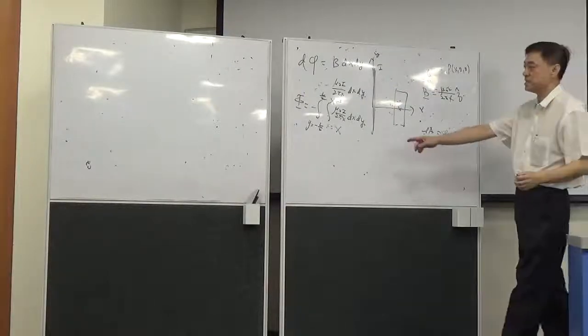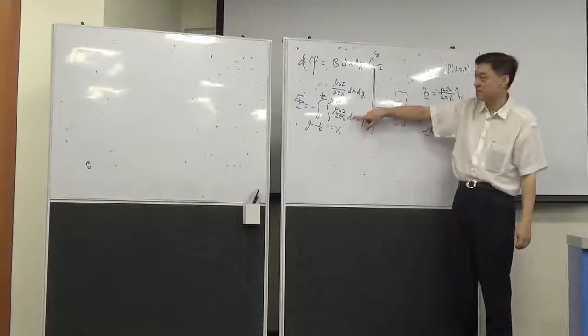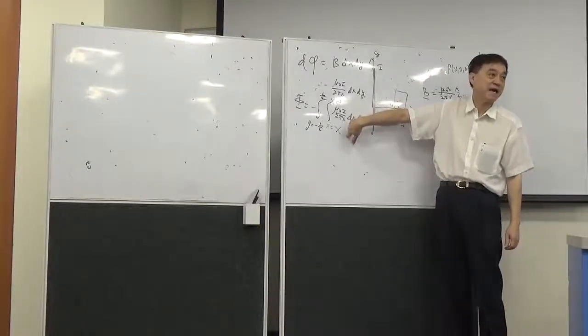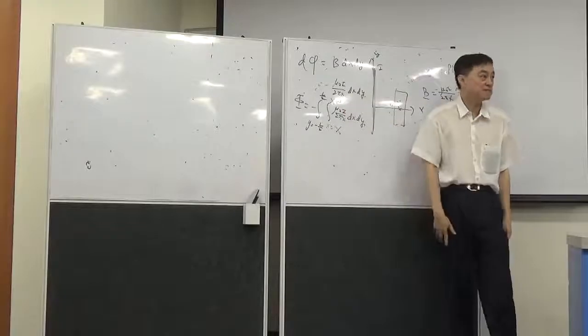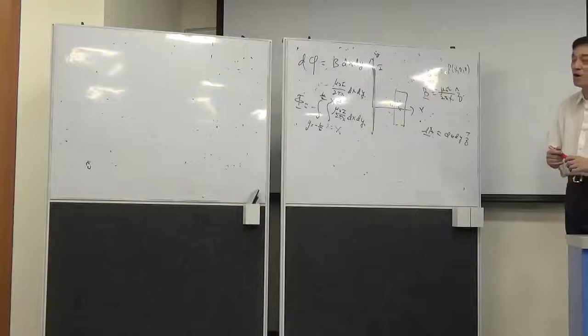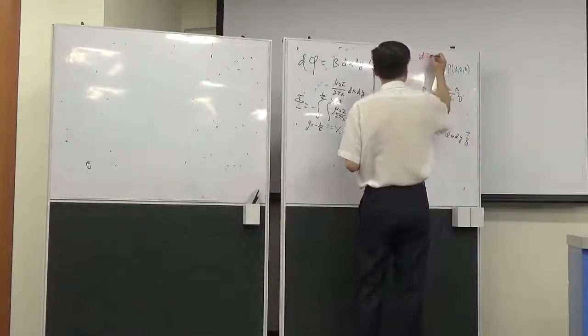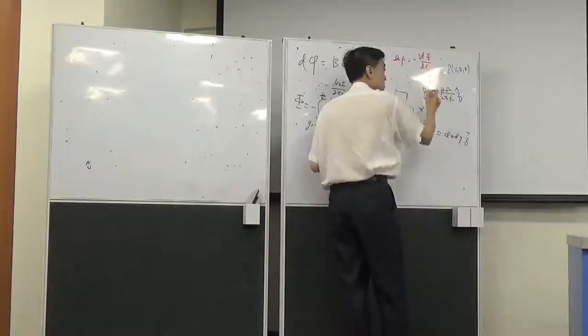After integrating, you substitute, and it is now a function of big X. Okay, it's a function of big X. Now, from Faraday's law, EMF is equal to minus d phi/dt.